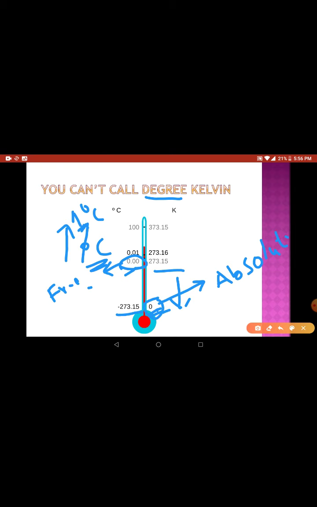But when you move from 0 Kelvin to 1 Kelvin, your energy is increased exactly from 0 to 1, because at 0 you have 0 energy, at 1 you got some energy which is absolute energy.